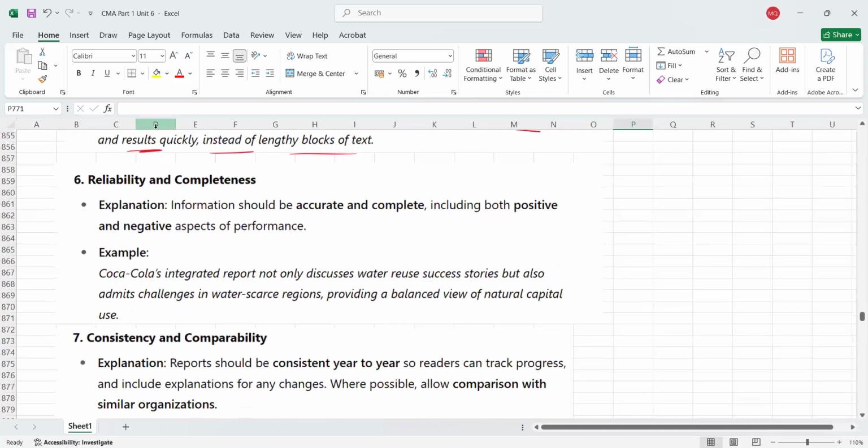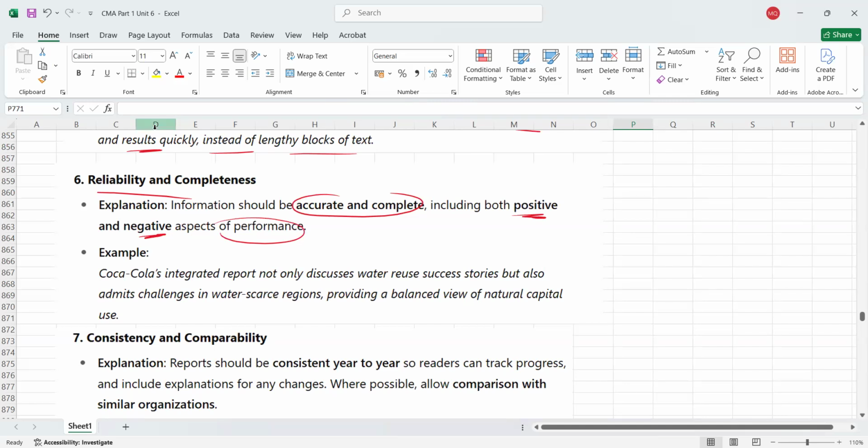And the next principle is about reliability and completeness. Whatever information you are providing through the integrated report, that information must be reliable and complete. Information should be accurate and complete, including both positive and negative aspects of the performance. So you should explain everything, positive and negative performance also.